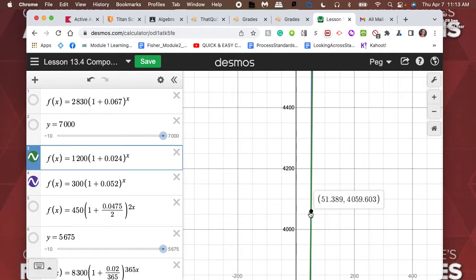So it's going to take him 51.4 years. And together, after 51.4 years, they would have $4,059.60. So I'm going to write that down, and then I'll go to my screen.